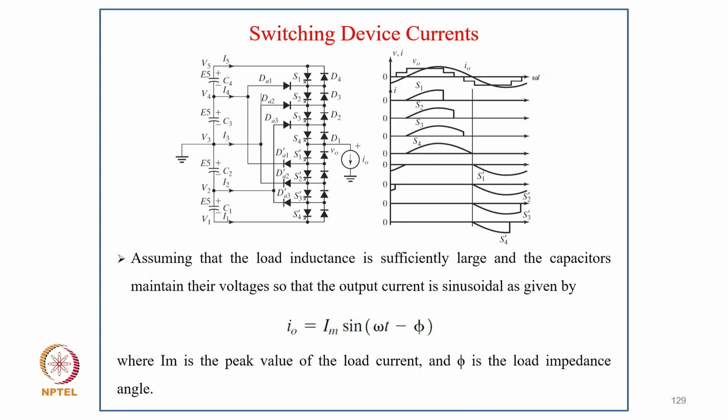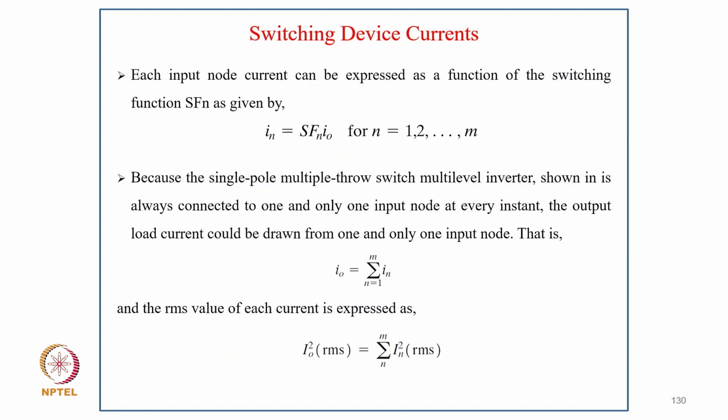And these are the switching devices, assuming that the load inductance is sufficiently large and the capacitors maintain their voltage so that the output current is sinusoidal, as given by i0 equal to Im sin(ωt − φ), where Im is the peak value of the load current and φ is the load impedance angle.